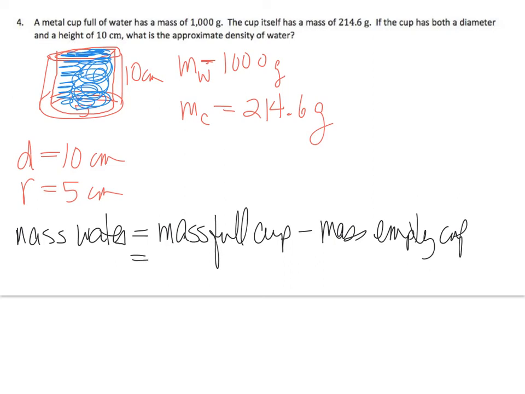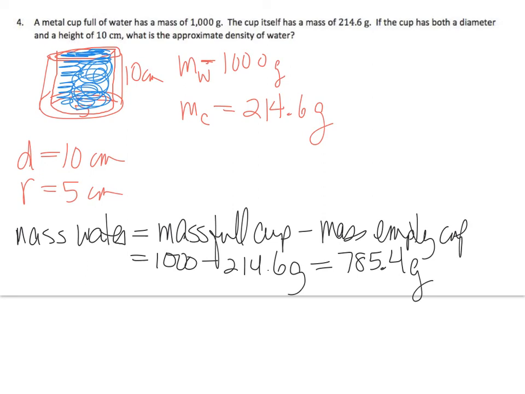So the mass of the water is 1,000 grams minus 214.6 grams equals 785.4 grams.